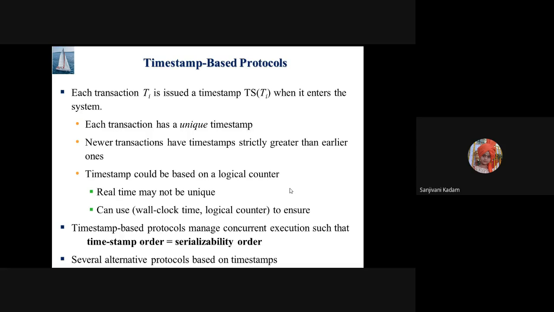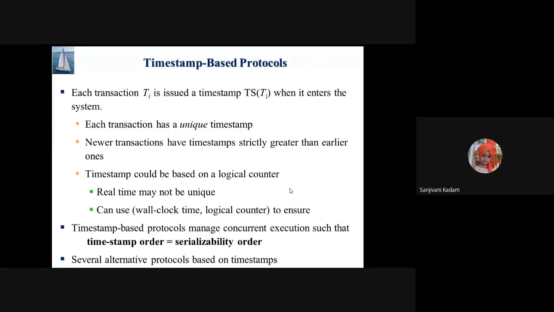But we can go for fractions of a second and then differentiate between them. The second option is to use wall clock time, that is, the timing within my clock, or we can use a logical counter, which will be global and always have a unique value, to ensure that we have a unique value.